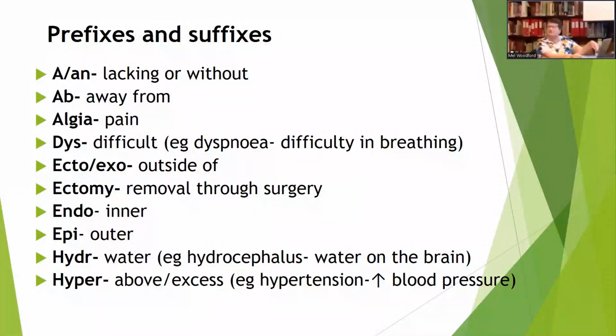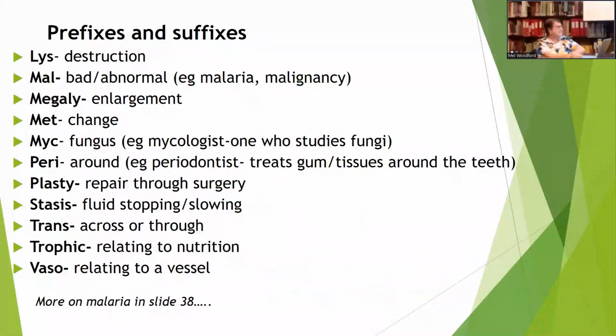Or hyper, which is above or excess, and possibly some of you have hypertension, which is high blood pressure. Then mal, meaning bad or abnormal, so you've got illnesses like malaria or malignancy, and we'll talk a little more about malaria in another slide.